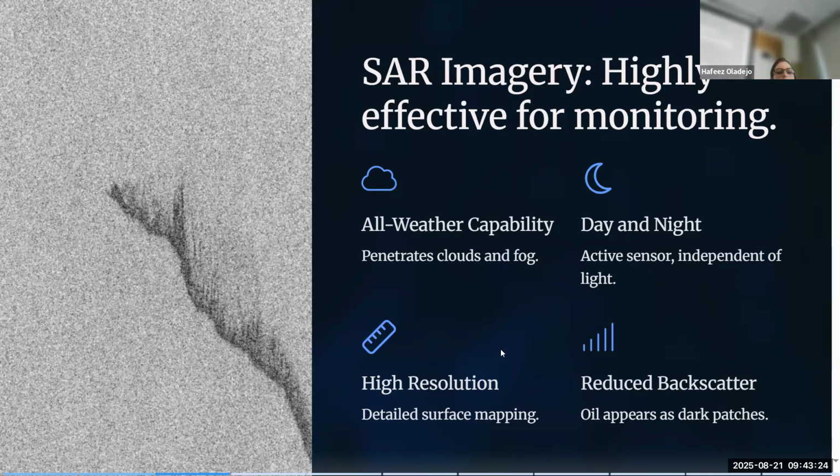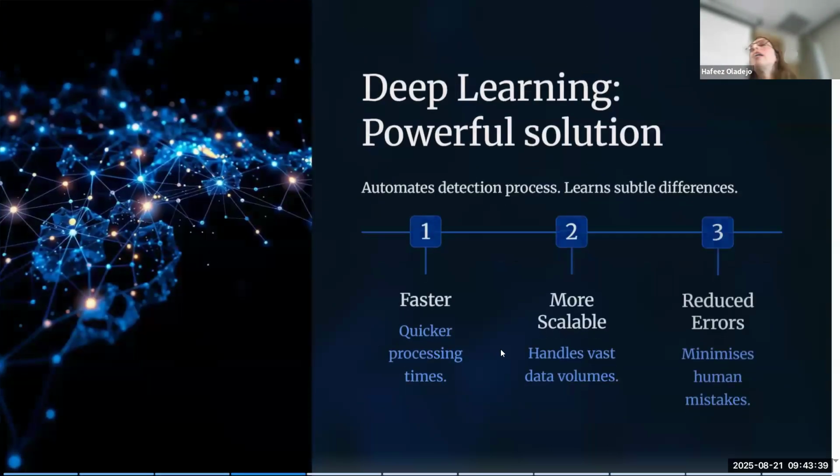Oil spills appear different in SAR images; this is a SAR image, and this is the oil spill, so you can see the difference after the images are processed. And deep learning is a powerful solution because it's faster, more scalable, and reduces errors, like we've been talking about this week.